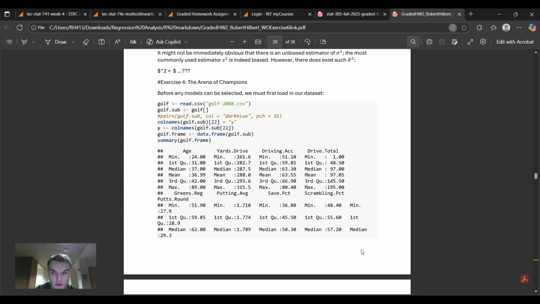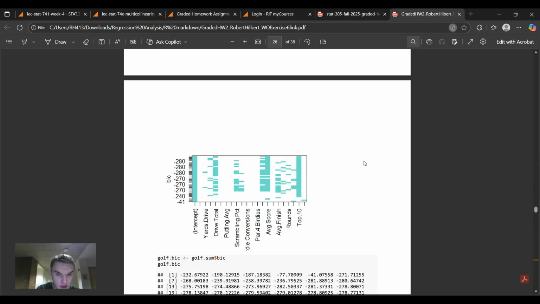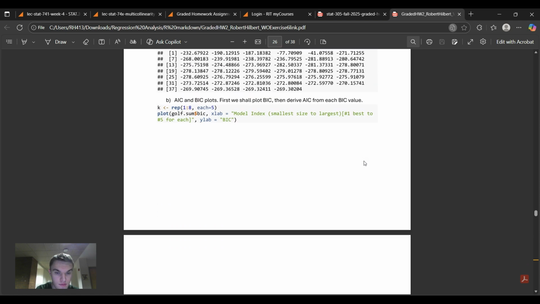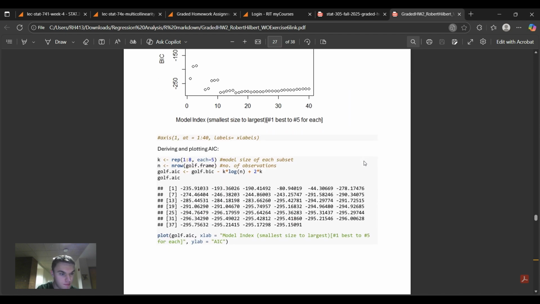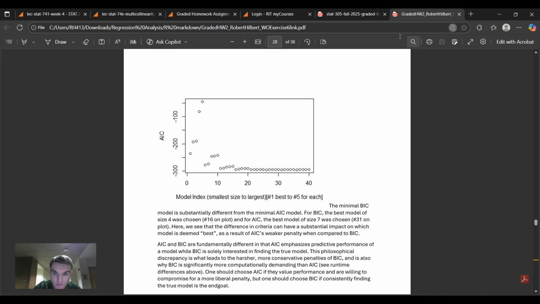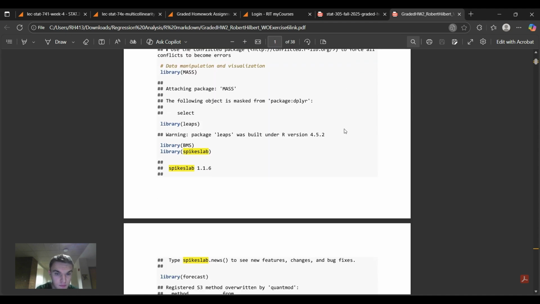In my applied work, touching again on that variability, I didn't realize just how much that would be present in the BMS or the spike slab algorithms. If we could, yes, here we go.